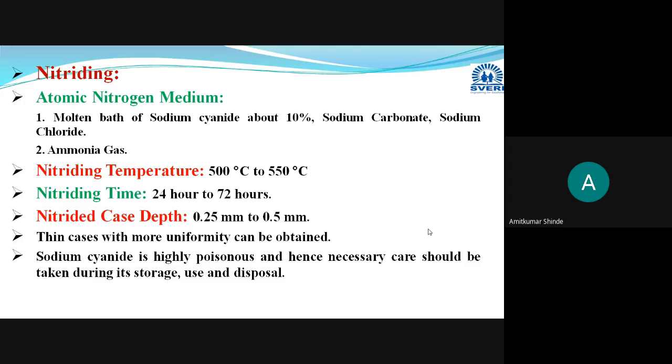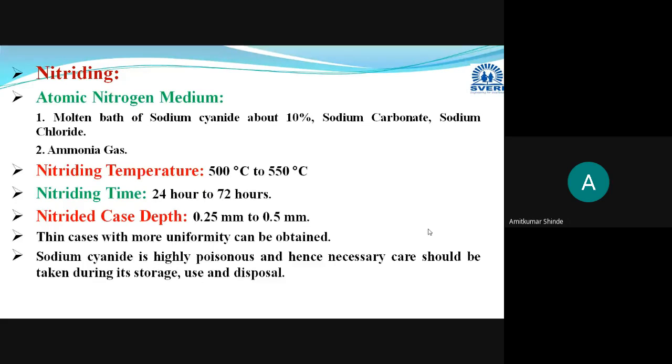For a few lectures, we have been discussing the heat treatment of steels. In that, we have completed annealing, normalizing, the hardening heat treatment process, and the tempering heat treatment process. After that, we discussed the concept of retained austenite, its effects, and how to eliminate it by using different processes.